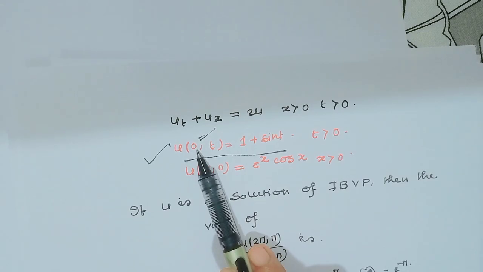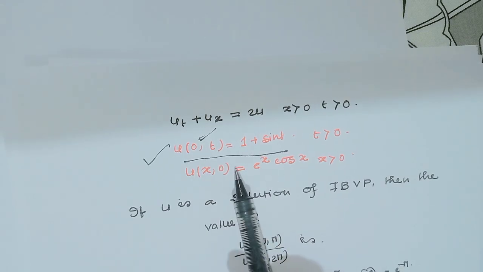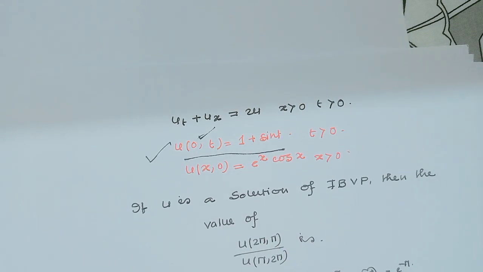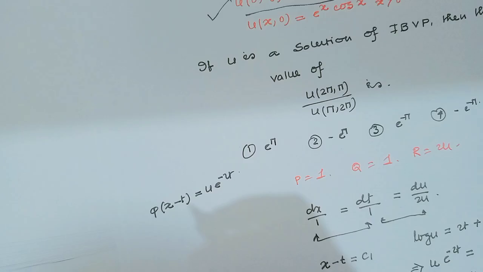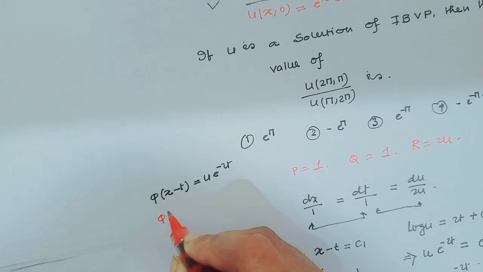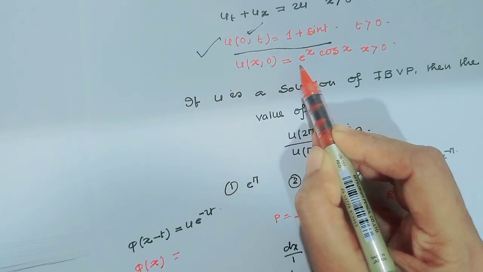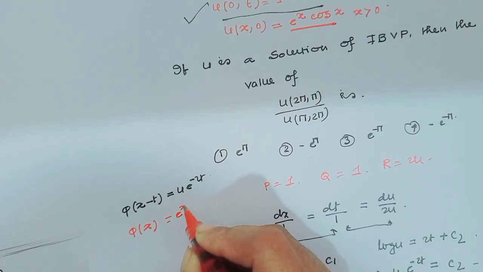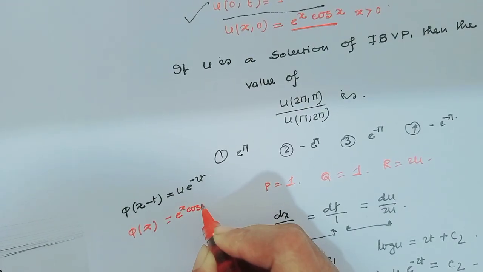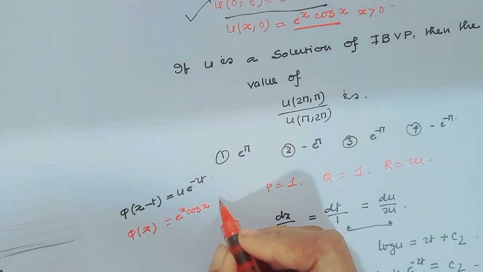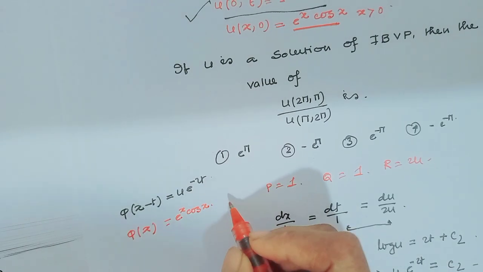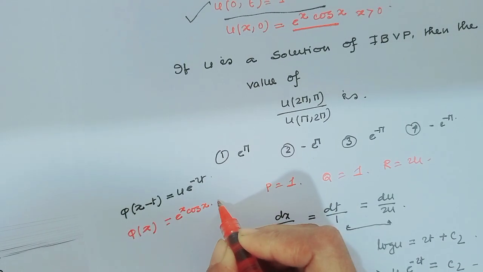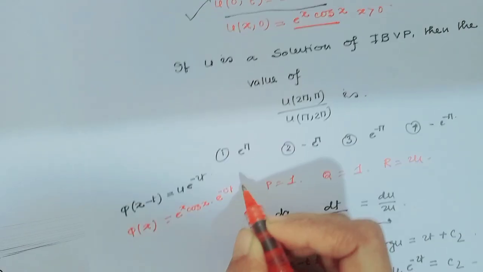Here given x equal to 0 and here given t equal to 0. When t equal to 0, that implies phi of x equal to the value of u(x, 0) equal to e to the power x cos x times, here t equal to 0, e to the power minus 0t.